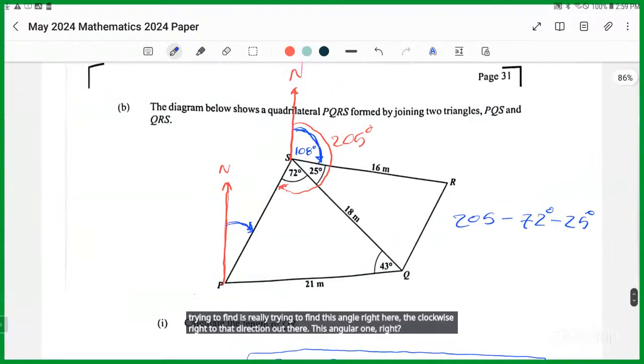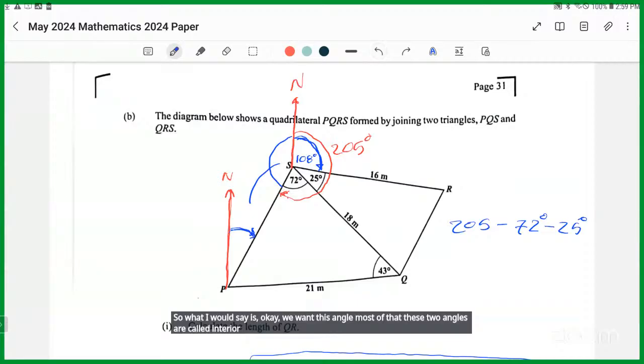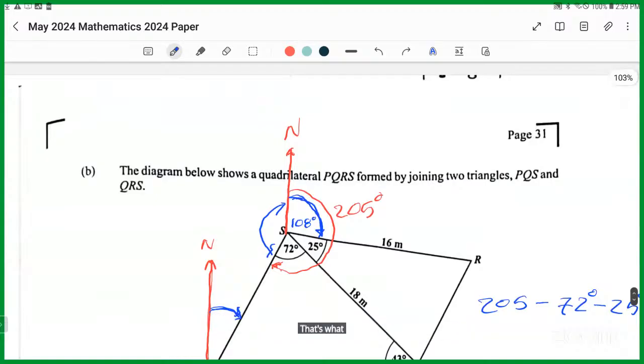So what they would say is, okay, we want this angle, but these two angles are co-interior and add up to 180, and we can find this angle up here by doing 360 minus the 205. That's what most persons do. This is more work though.